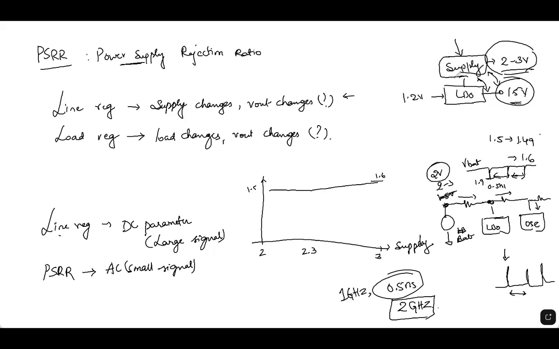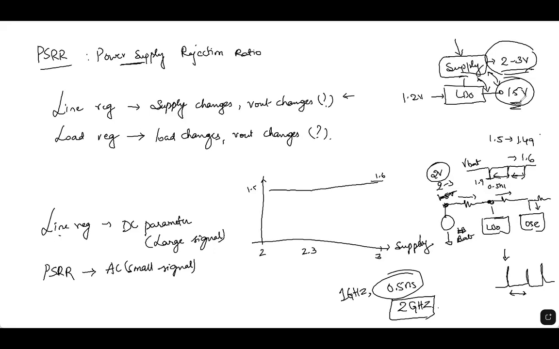The supply varies. The supply has a frequency component, because of which the LDO may also have a very similar frequency component appearing here. As I mentioned earlier, it is not desired. We do not want to have it.